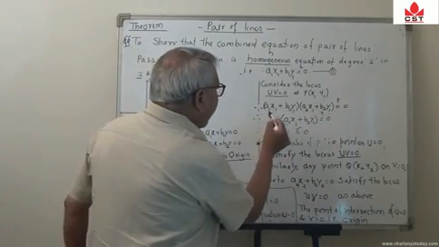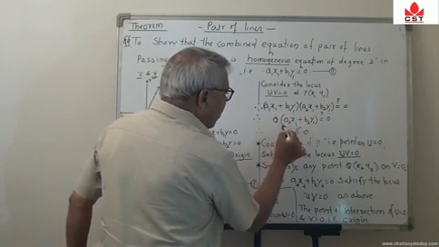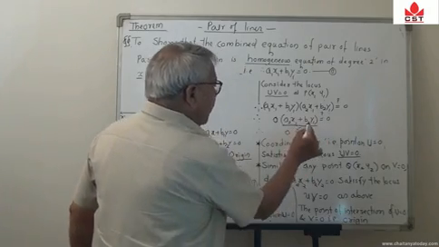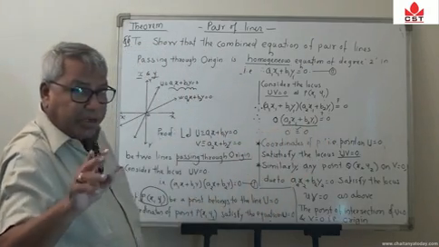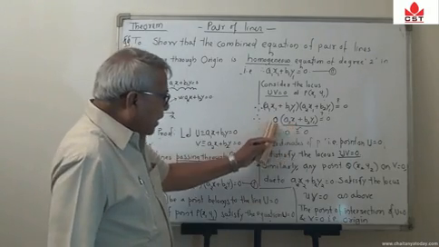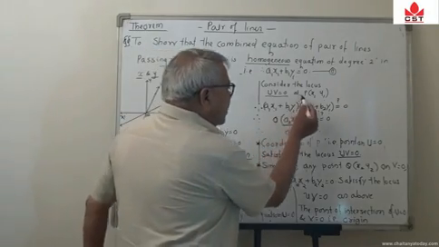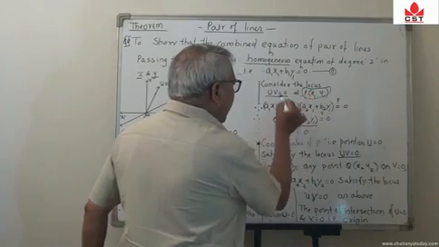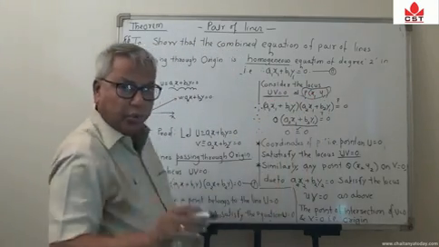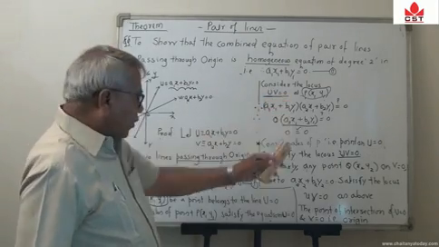But as you know from equation 1, this value is 0 here. I don't know the other factor, because point P(x1, y1) does not necessarily lie on v is equal to 0, but 0 into this quantity is equal to 0. So therefore P(x1, y1) satisfies the locus uv equal to 0.